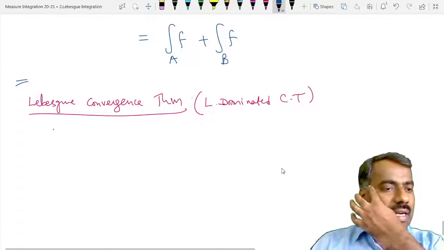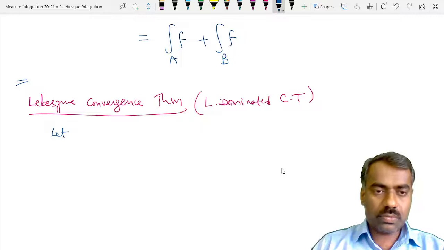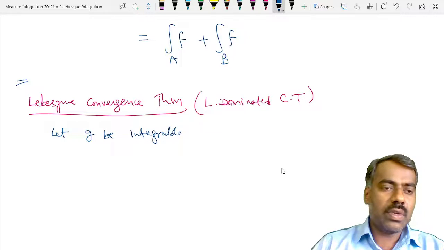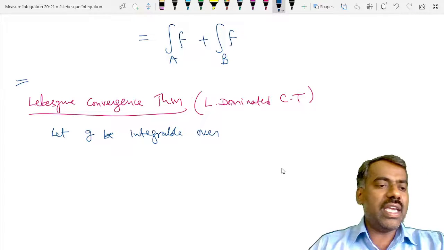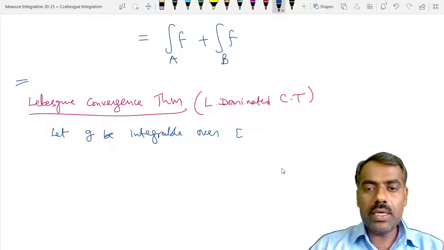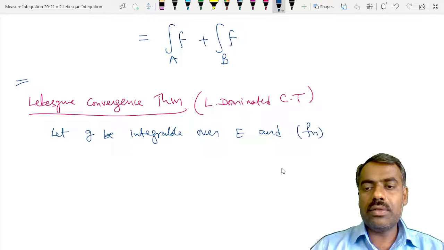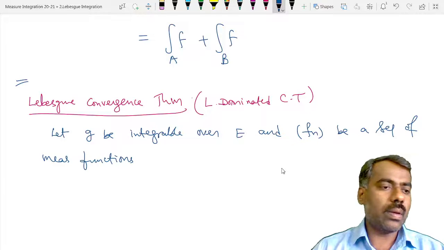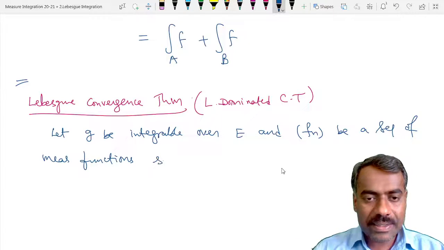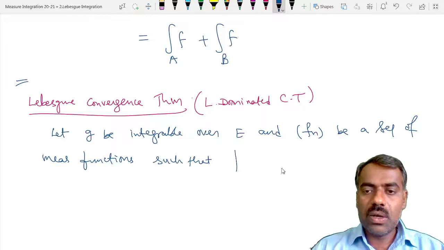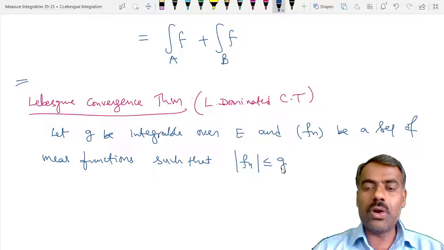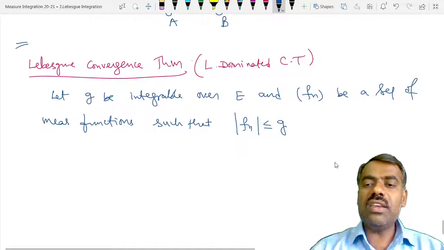Let g be integrable over a measurable set e, and f_n be a sequence of measurable functions such that mod f_n of x is less than or equal to g for all n.